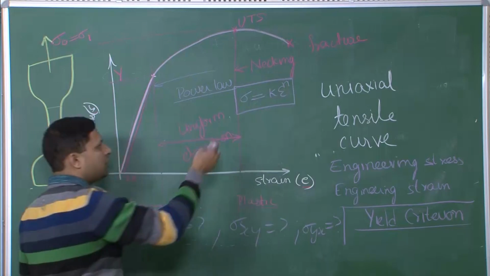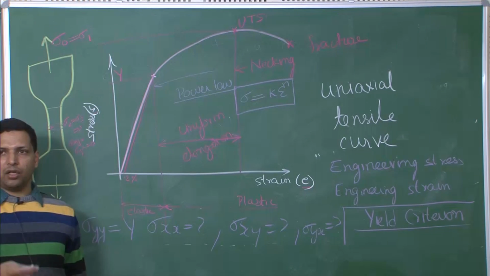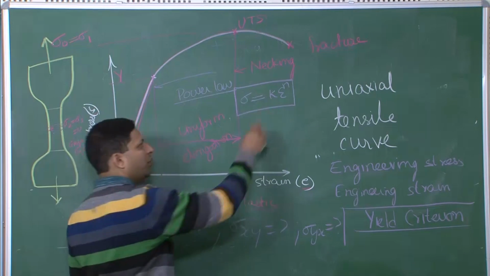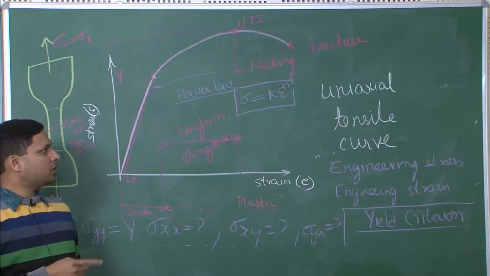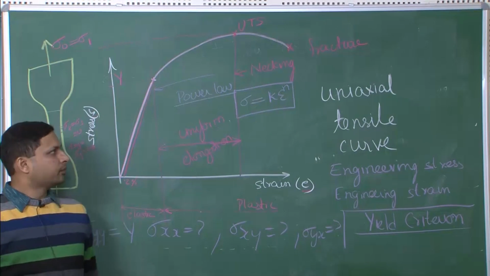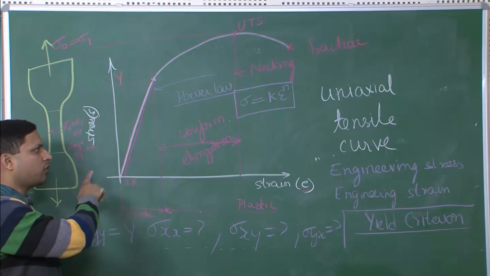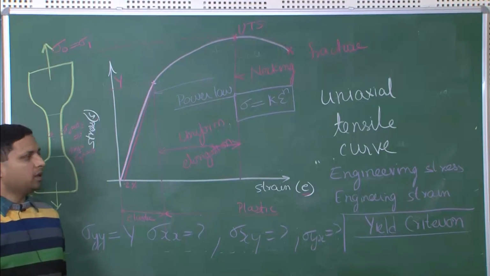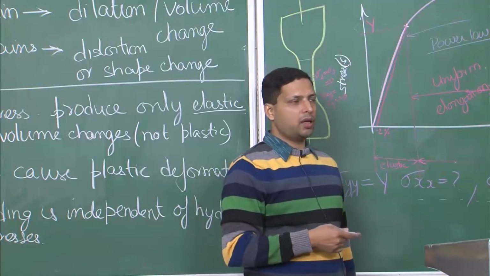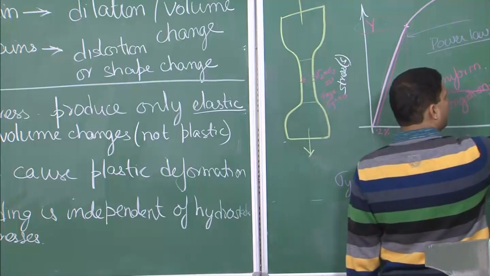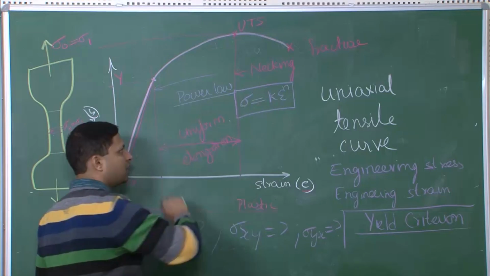This defines how much stress you need for a given deformation, where k is some constant. So, so far what we are talking about is only uniaxial. In a multi-axial condition, you will again have to think about how to define this plastic deformation.